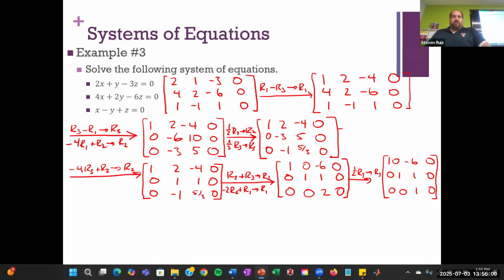Now, if I add row 2 and row 3, I get 0 and... anybody seen it? I don't want to start over, but I feel like I'm going to have to.